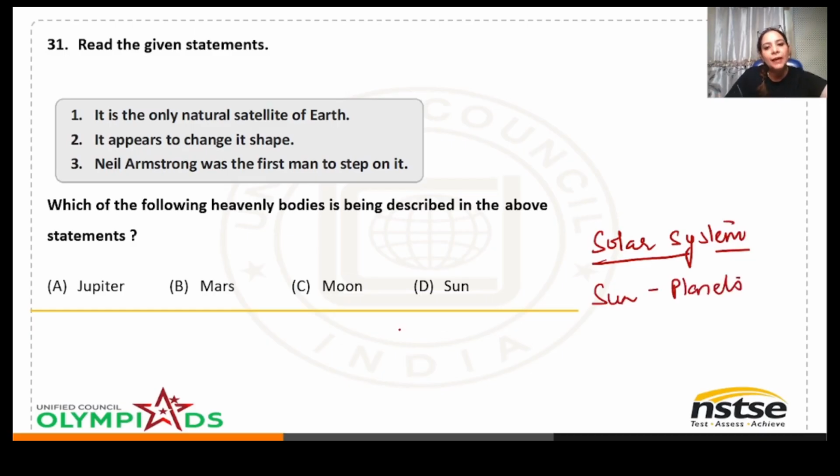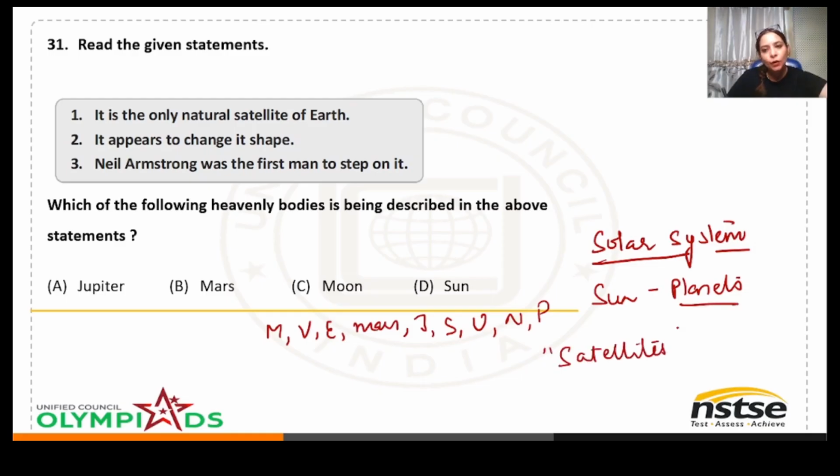We have Mercury, Venus, Earth, then you have Mars, Jupiter, Saturn, Uranus, Neptune and Pluto. So these are the planets. And we know that a few planets have some bodies revolving around them, and we call them satellites. The natural satellite of Earth, that is our planet, is the moon.